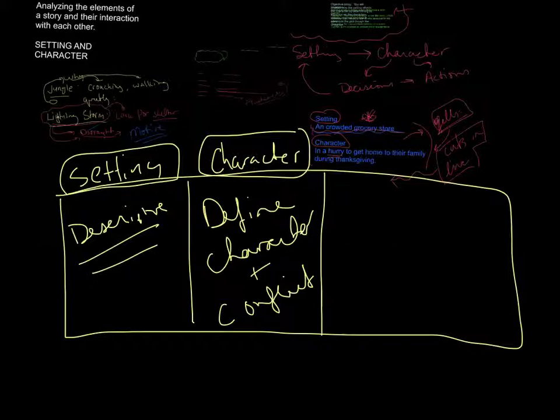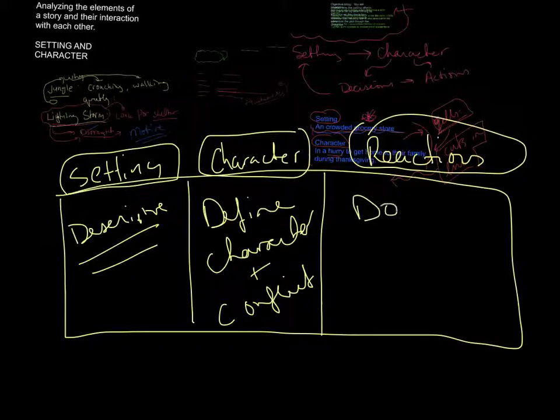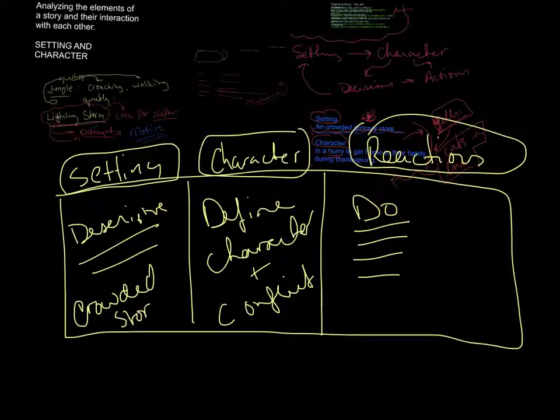And then last but not least, you're going to say reactions. What do the characters do? Not that the setting is causally there, but just what did they do? So like when I was talking about the grocery store, right, I would have put crowded store. This one here, I would have put in a hurry.